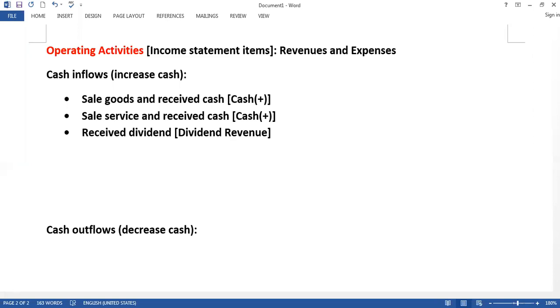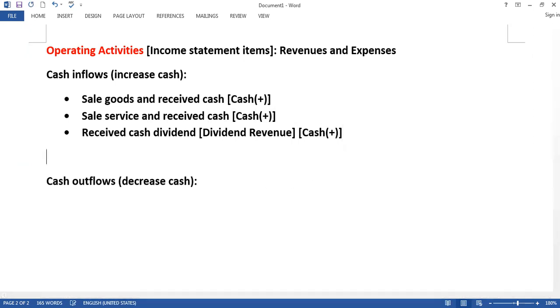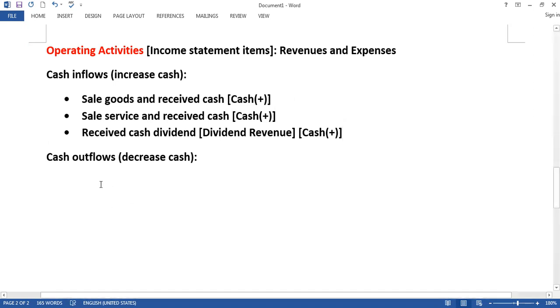It means that received cash dividend means revenue. So as you receive cash, it is cash inflow. So these are the examples of cash inflows in case of operating activities.